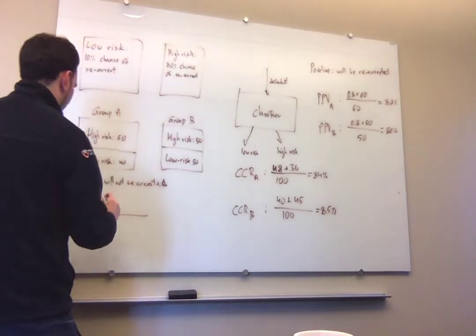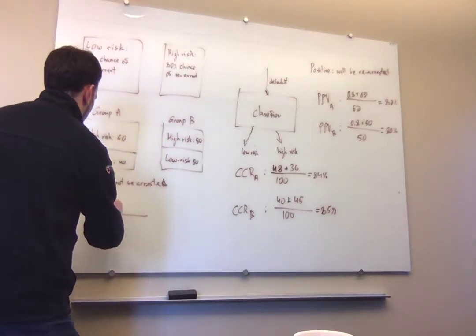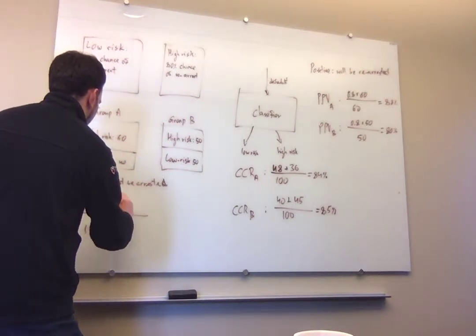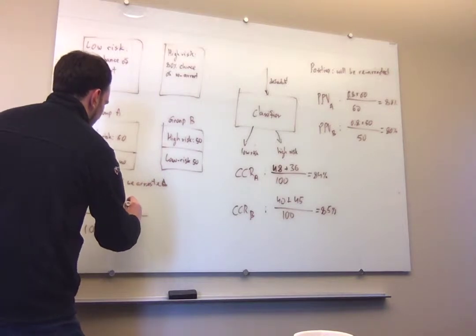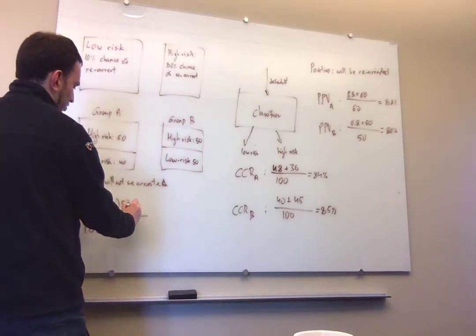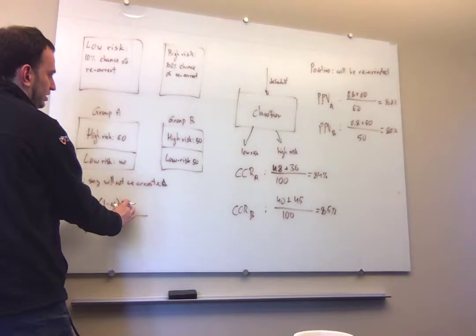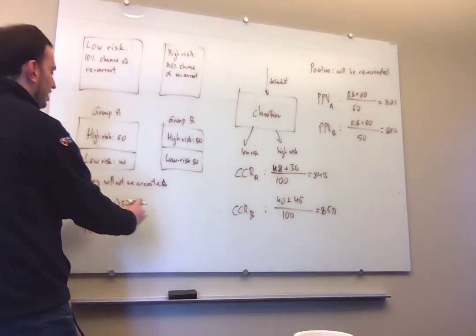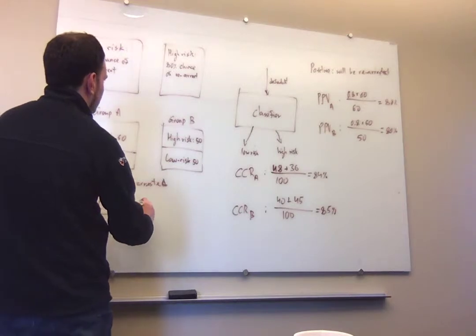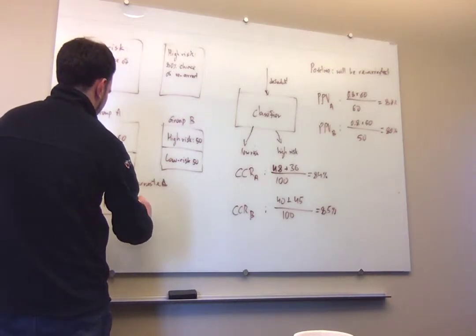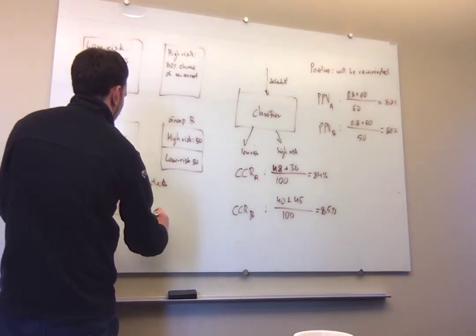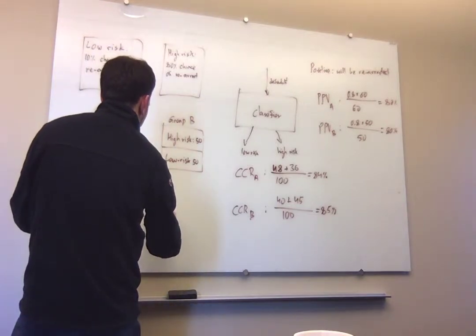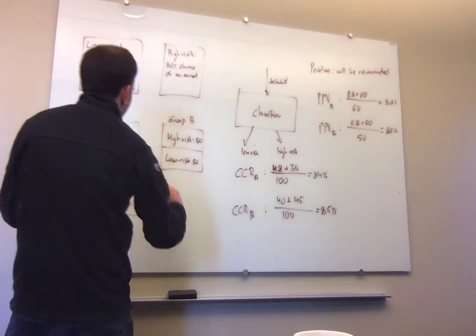So for 1 minus alpha times 50, I'm still going to say that they are going to be arrested, and I'm going to be correct about 0.8 of them. Now, for alpha times 50, they are high risk.